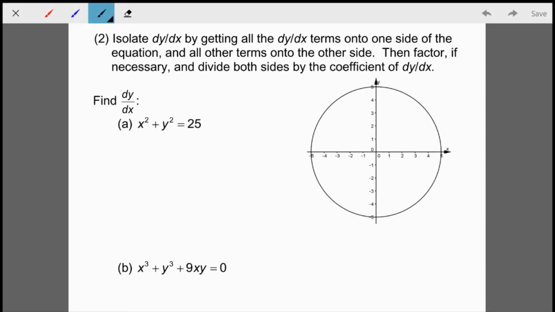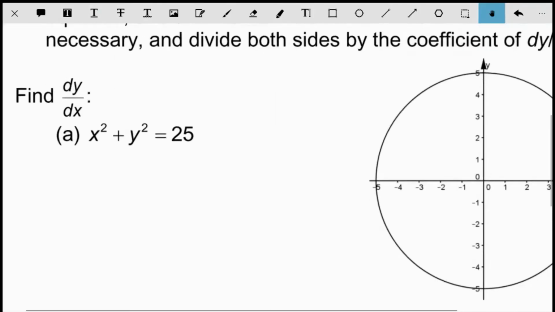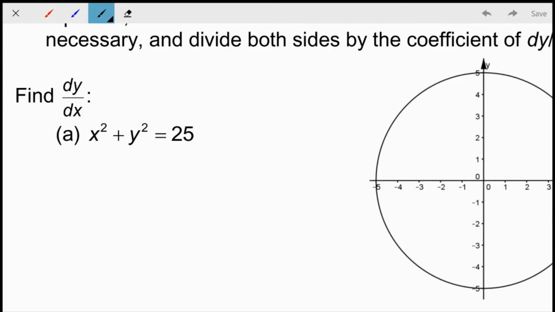We've got x squared plus y squared is equal to 25. And I put a diagram over here just so we can look at the results and kind of verify what we're seeing in terms of a derivative. So I'm going to take the derivative in the form that it's in. That would give me 2x plus 2y dy dx. And I also have to take the derivative of the right side of the equation.